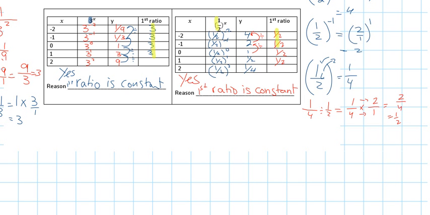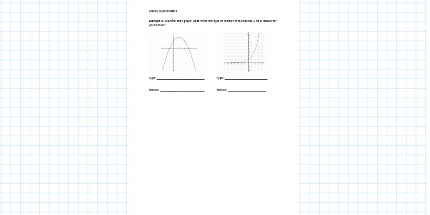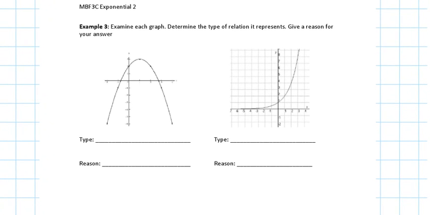Okay? So we're going to look at this. I think the lesson would be done for now. So, examine each graph, determine the type of relation it represents, and give a reason for your answer. First one? Why?